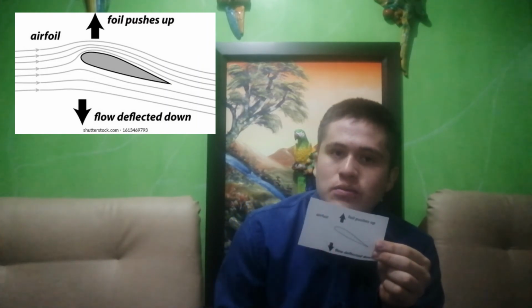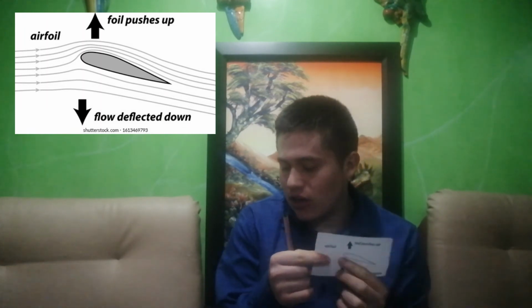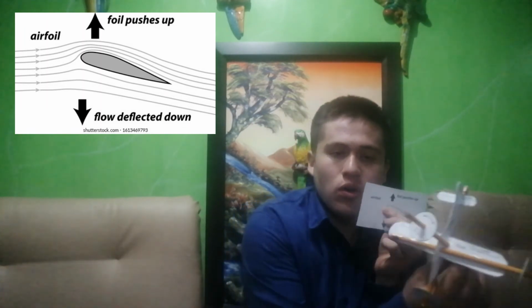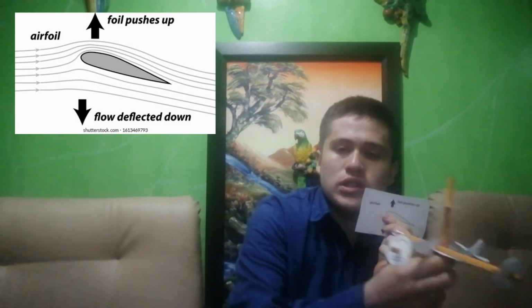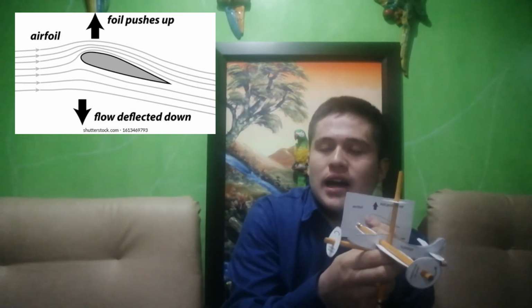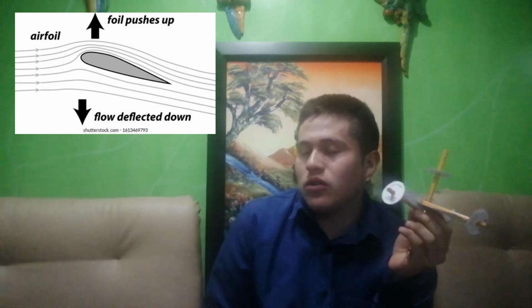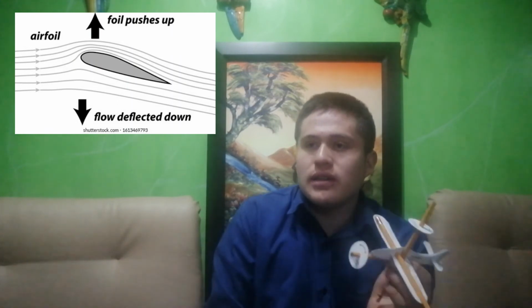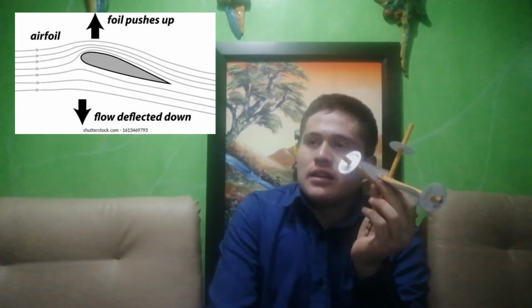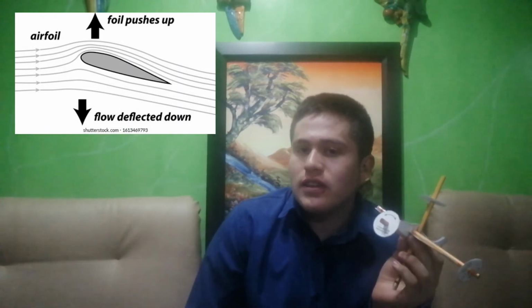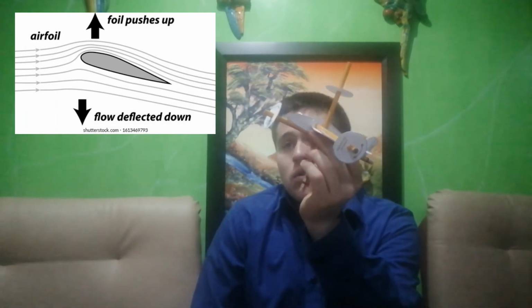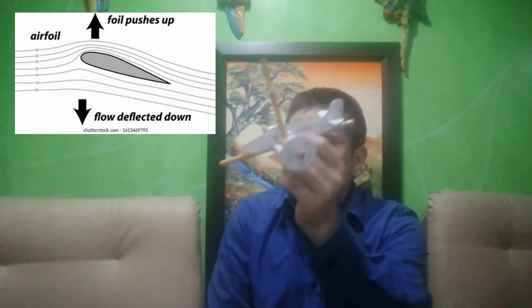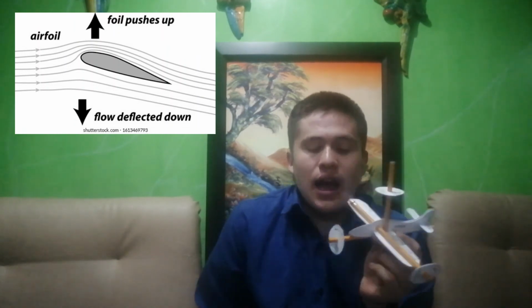The angle of attack is very interesting because when the airplane goes in the air, it needs to have an angle of attack. When the nose of the airplane goes up, the angle of attack increases, and when the nose of the airplane goes down, the angle of attack decreases.